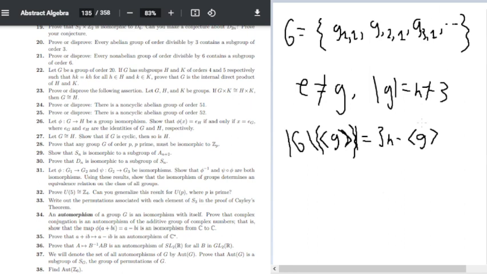Then we have a process. We have E is not equal to G1.